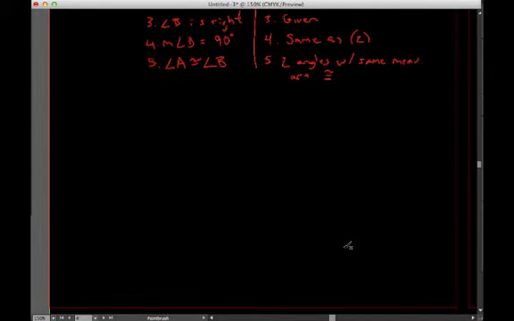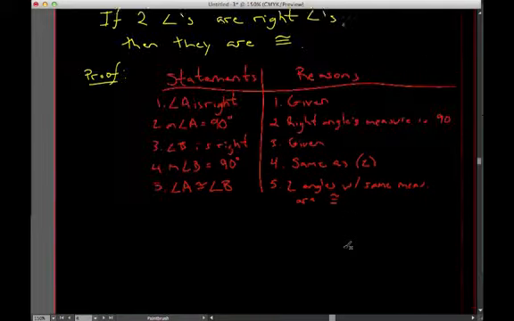So we'll look at one other, actually, we're going to call it there. The next theorem that I wanted to look at is fairly similar. It says that if two angles are straight angles, then they are congruent.